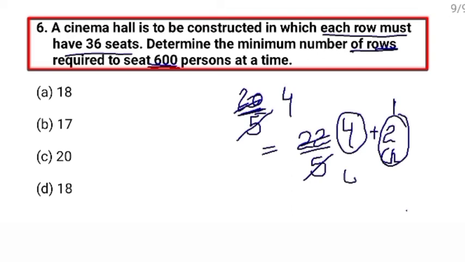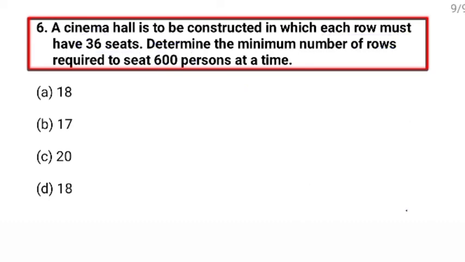So total boxes will be 4 plus 1, which is 5. Similarly we will do here. We will divide 600 by 36 to find the number of rows, and then for the remaining we will also consider 1 row. Clear? Let's see how we will do it.